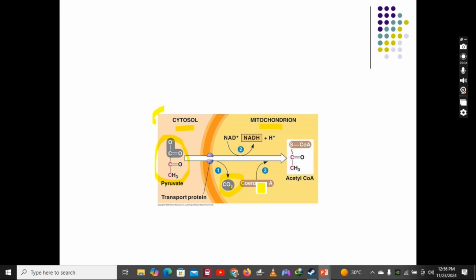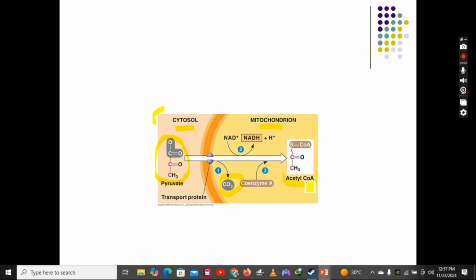Then the coenzyme A will get the remaining 2 carbons and convert them to an acetyl-CoA. We need this acetyl-CoA so much because it's going to combine with the oxaloacetate and produce citrate. That's why we need this acetyl-CoA.